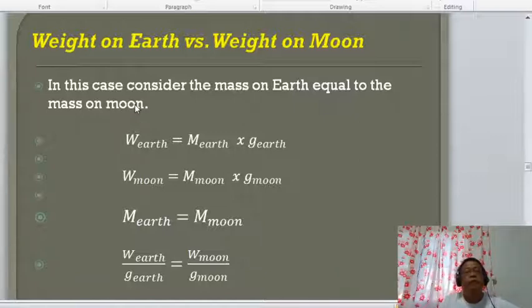And the weight on Moon is equal to the mass on Moon and the gravitational acceleration, of course, of the Moon. Knowing that the mass on Earth is the same as the mass on the Moon, equating the two equations, we arrive at an equation: the weight on Earth over the gravitational acceleration on Earth is equal to the weight on Moon over the gravitational acceleration on the Moon.